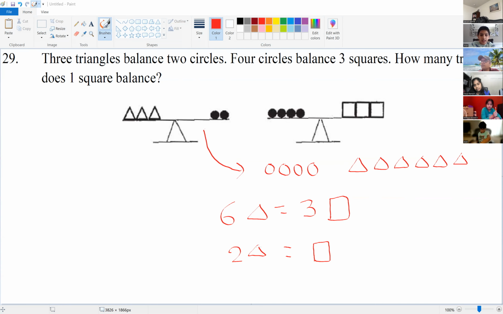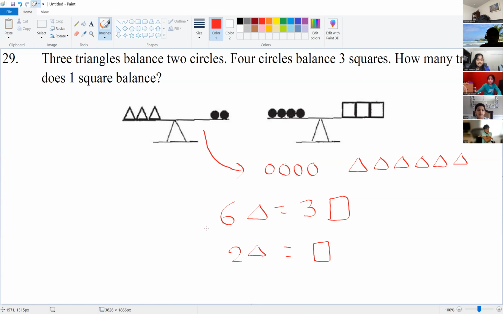I actually had another way to solve it. Yeah, go ahead. First, 3 triangles is equal to 2 circles. So 3 divided by 2 is 1.5. So 1 circle is 1.5 triangles. And 4 times 1.5 is 6. So 4 circles are 6 triangles. Yeah, that will work.